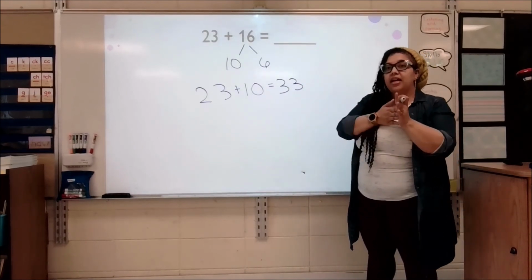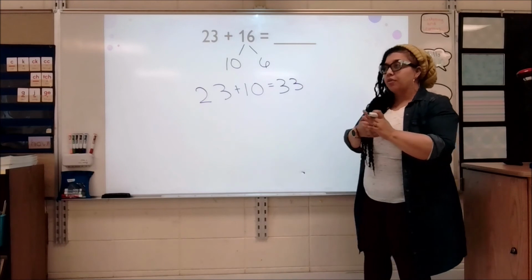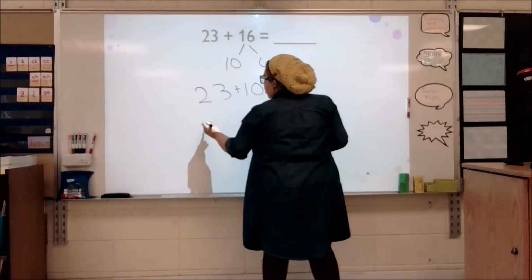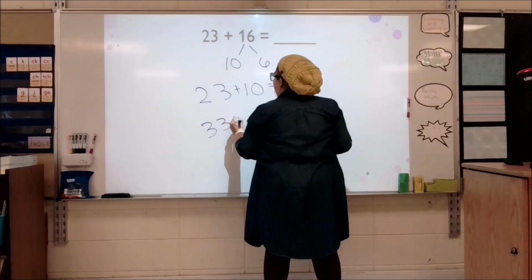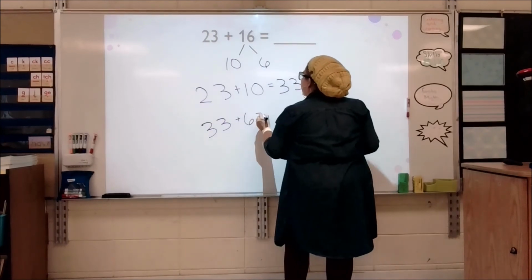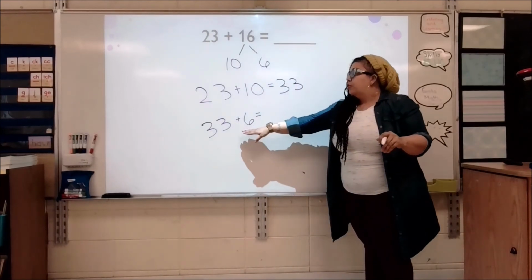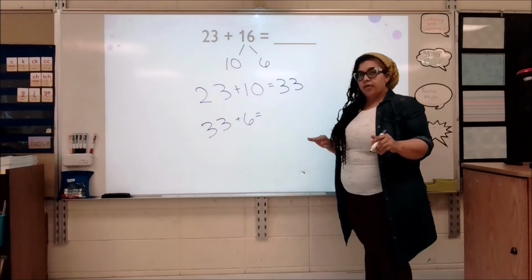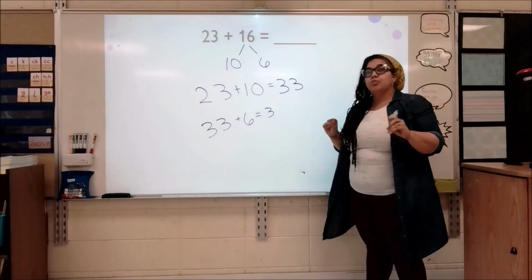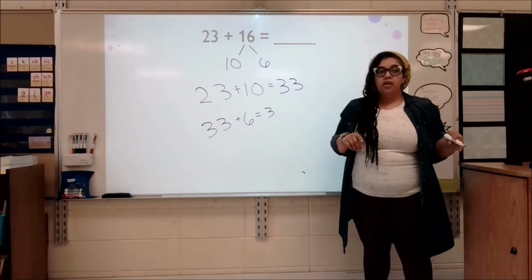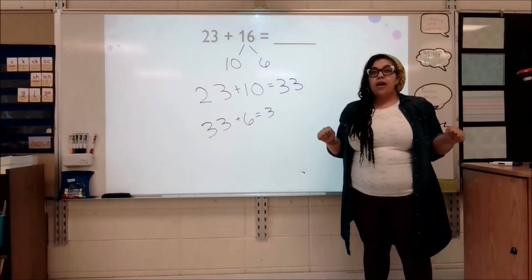I've added my tens, I now need to add the ones. So, using my larger part I made by moving the 10 over, I'm going to add the 6 ones that were left. So, 3 tens plus 0 tens is going to remain the same. 3 tens plus 6 ones, okay, we know about these pieces.